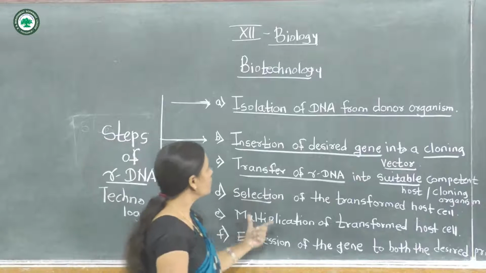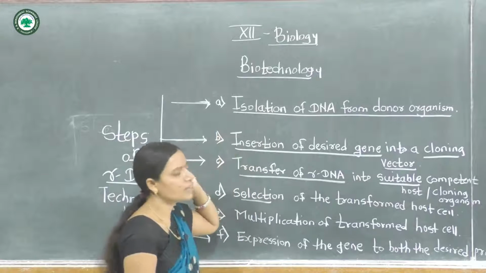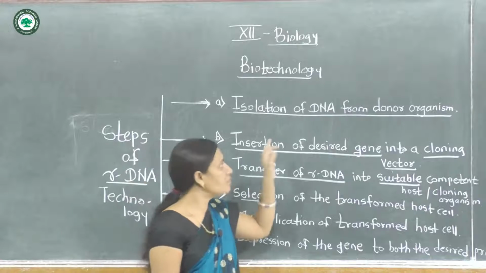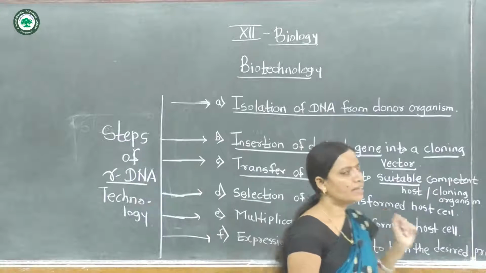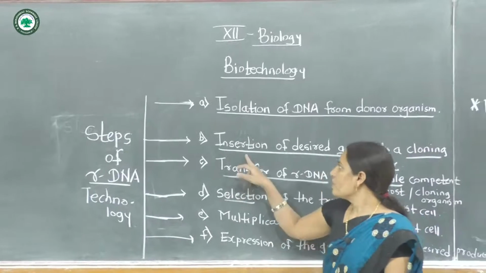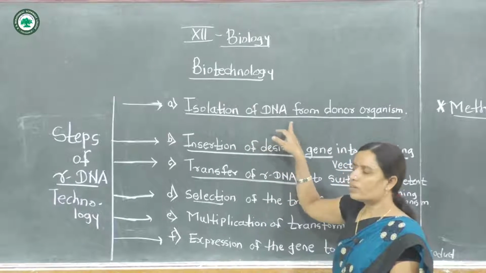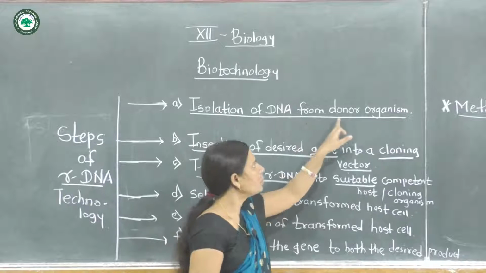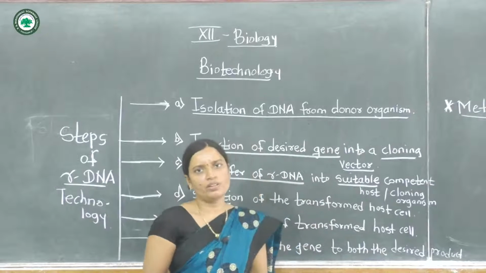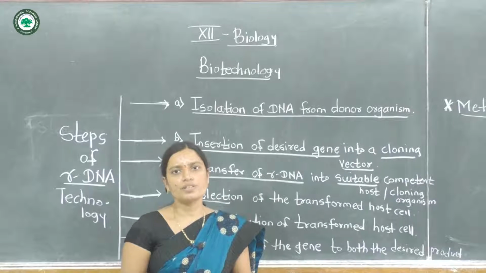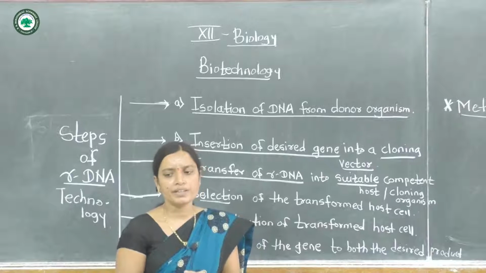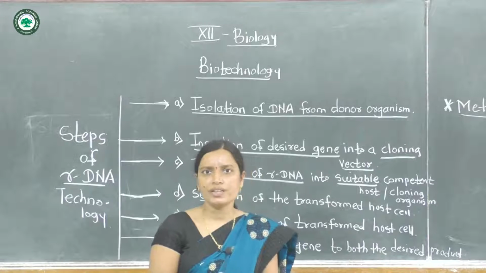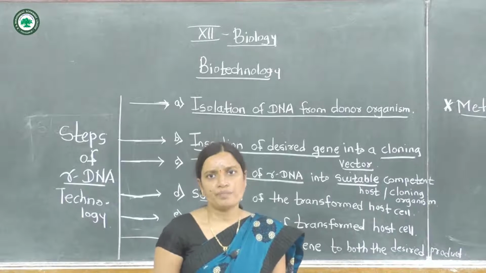These are the steps. The first one is isolation. The first step of rDNA technology is the isolation of DNA from the donor organism. Isolation means this genetic material or DNA can be isolated from the donor cell.